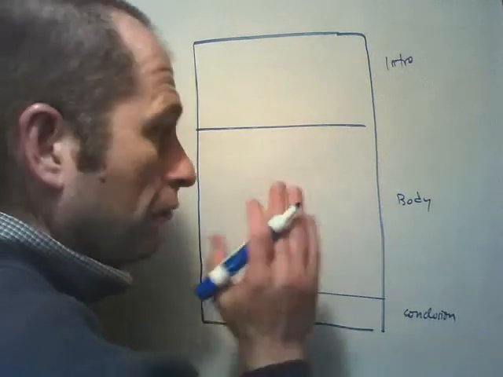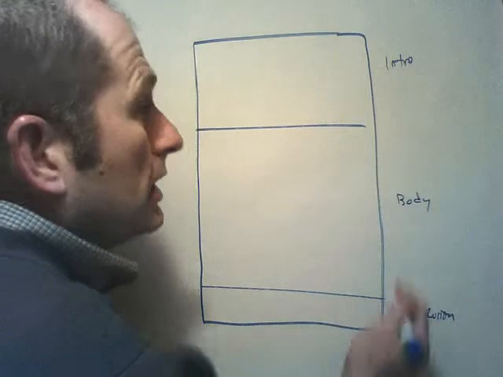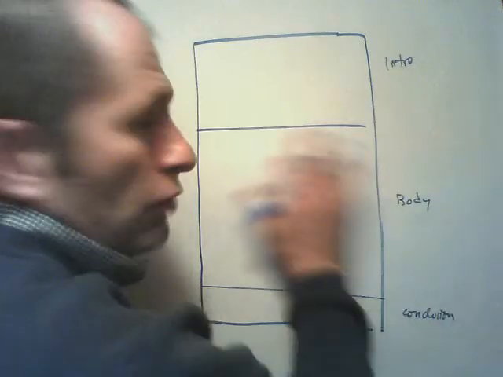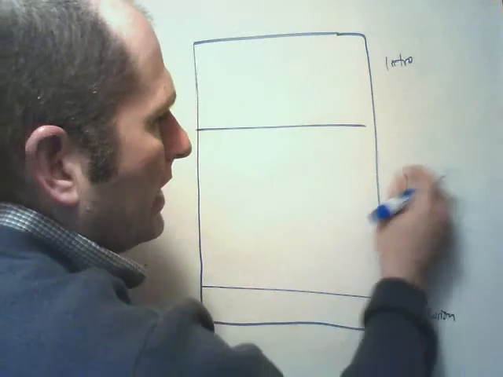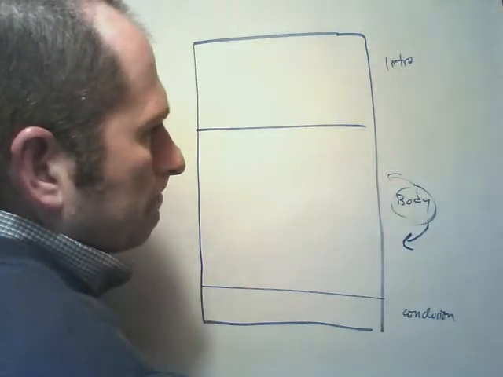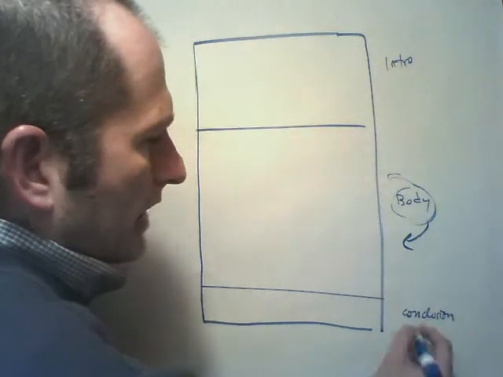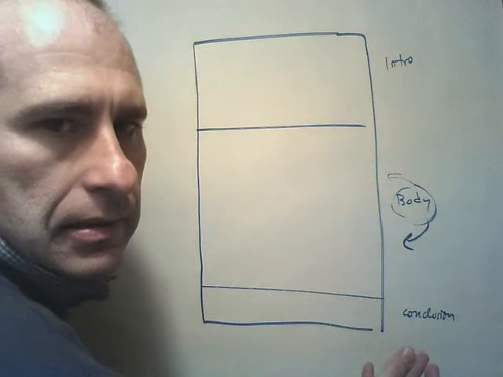I have really hesitated to use these terms at any point in our class in relation to your research work. I don't want to call this the intro. Actually, I'm okay with this as the body. But this, I don't want to call it the conclusion, because for me, conclusion means thesis.